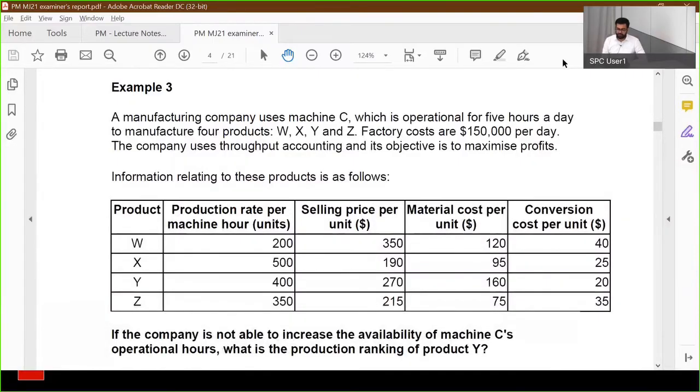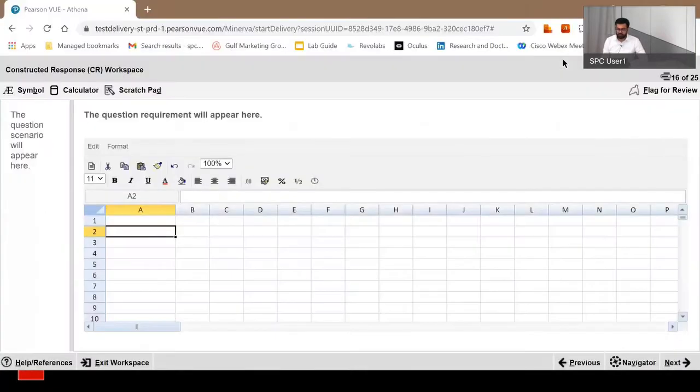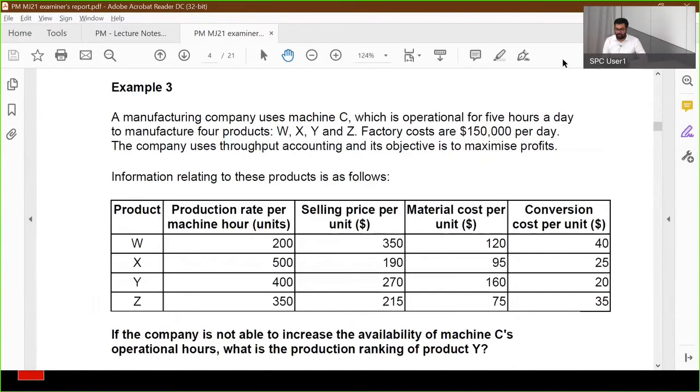Then we calculate throughput contribution per unit, and here we need to be very careful, because in the earlier topic the contribution per unit formula is selling price minus all variable costs, but in throughput accounting it is simply selling price minus only material cost. Then we calculate throughput contribution per hour. If the question requires, we can go with the throughput accounting ratio; otherwise, with throughput contribution per hour, we can also do ranking.